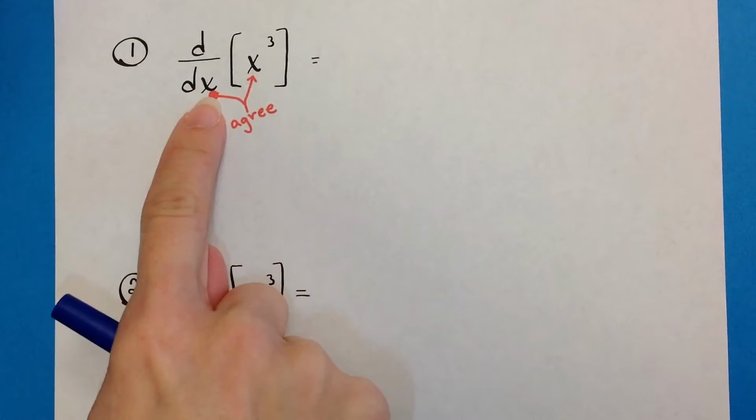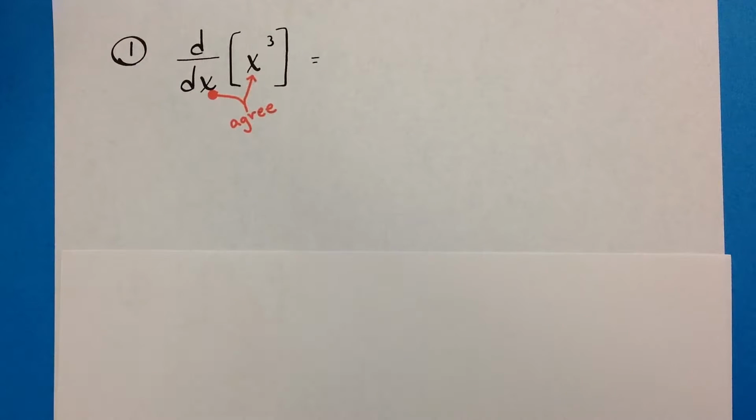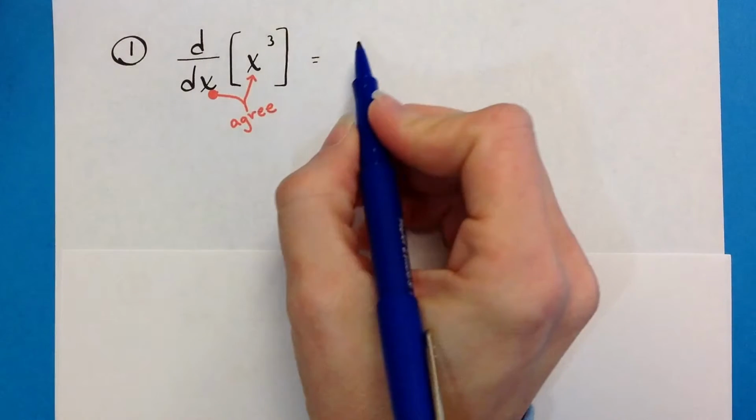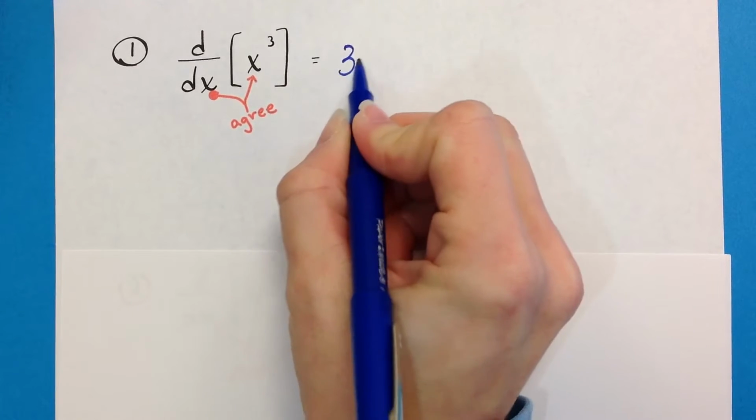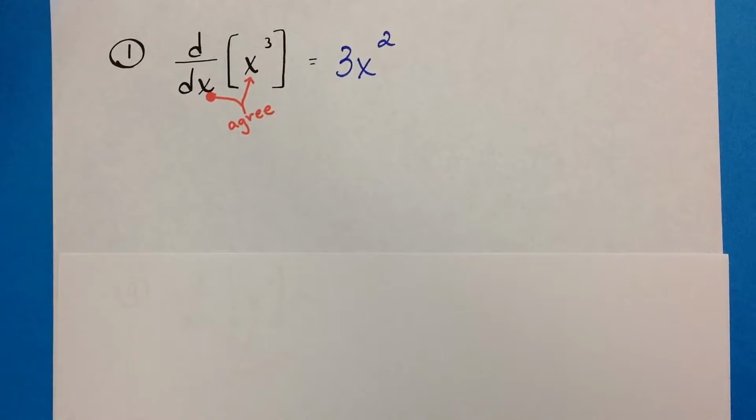So these two variables agree with each other, so that just simply means that you're going to be taking the derivative as usual, as that previous note told you. When it involves only x, just do it as normal. So this is just simply doing a power rule. You would have your power times x to one less power. If it's in terms of x, just do it as normal.